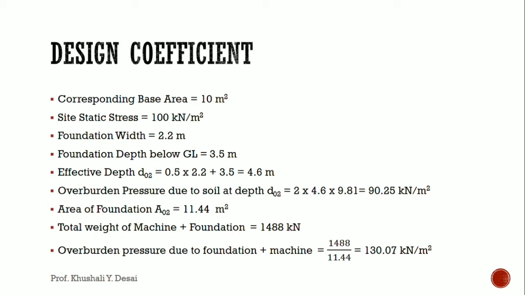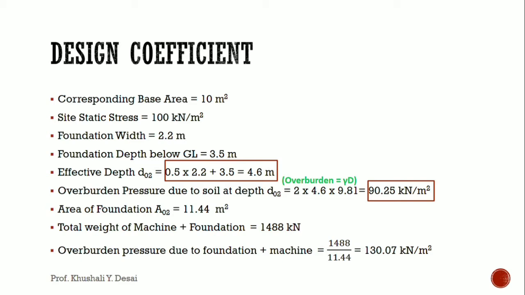To find the effective depth D02, it is the foundation depth below ground level, 3.5, plus half of the foundation width, so 0.5 into 2.2, which comes to 4.6. Corresponding to this depth, the overburden pressure due to soil is gamma D, and gamma is given as 2 ton per meter cube, so the value comes out to be 90.25 kN per meter square.